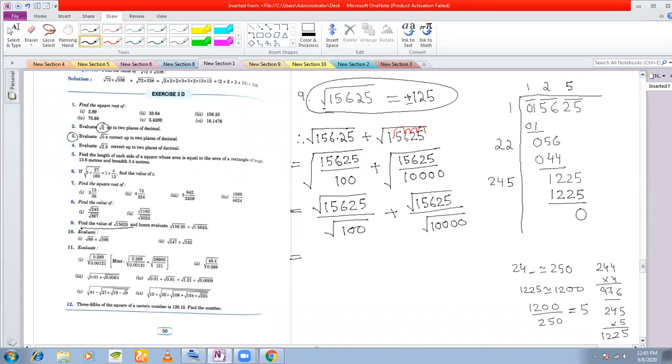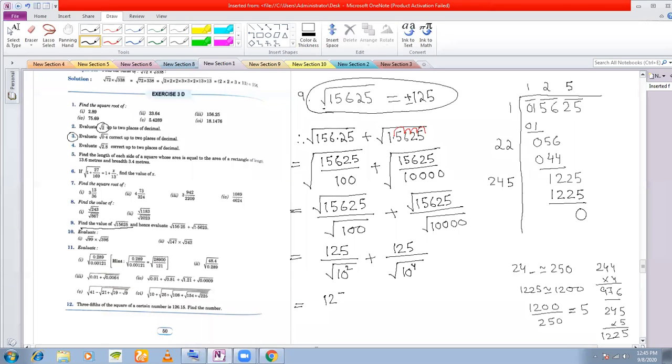Now the square root of 15625 we have found as 125. So we write 125. We only work with the positive sign. No need to work with the negative sign. Square root of 125 divided by 100 is 10 square, plus again this is 125 and this is root 10 to the power of 4.